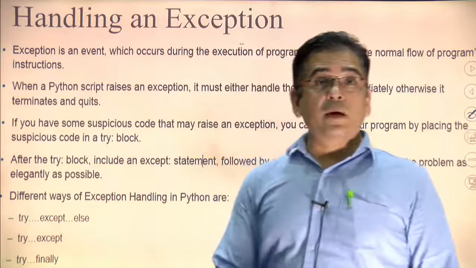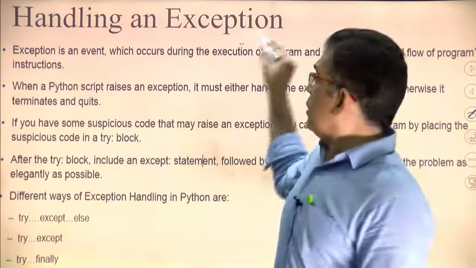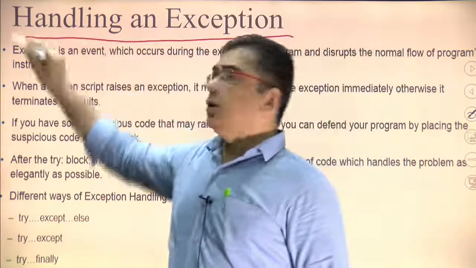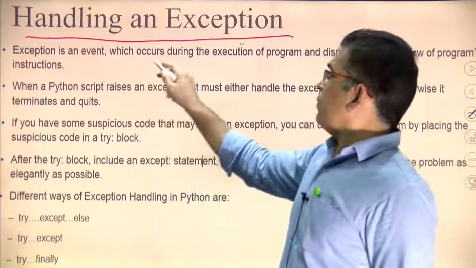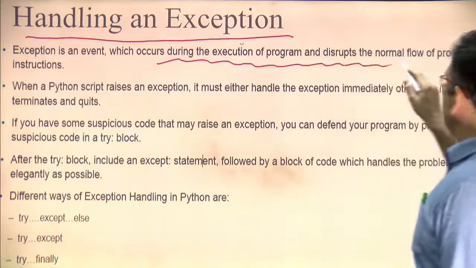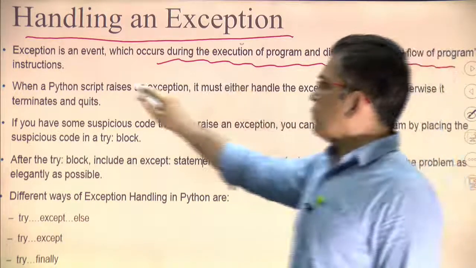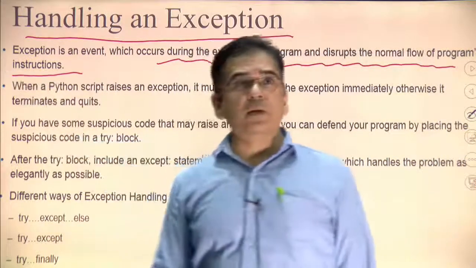Coming to the main practical part of today's topic, handling an exception in Python. First of all, an exception is an event which occurs during the execution of a program and disrupts the normal flow of the instructions, or you can simply say the program.